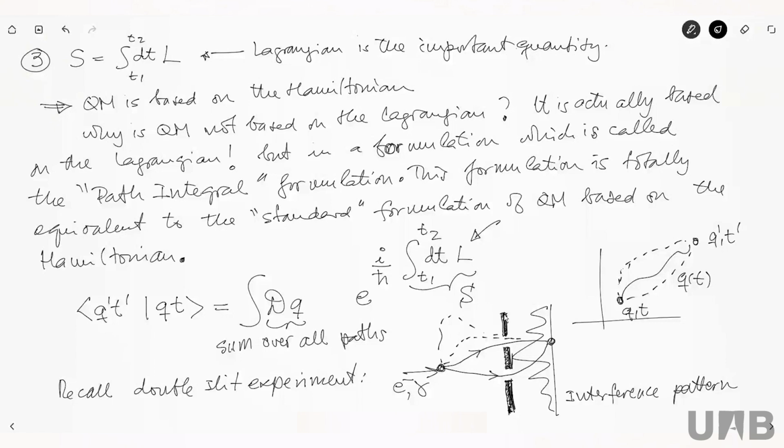So what is the limit to go from quantum mechanics to classical mechanics? I would say that the width of the slit has to be similar to the de Broglie wavelength of the particle.